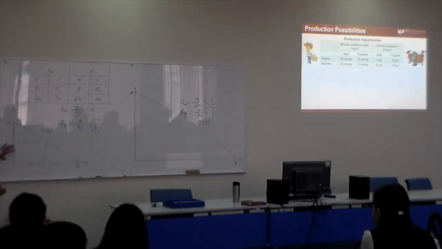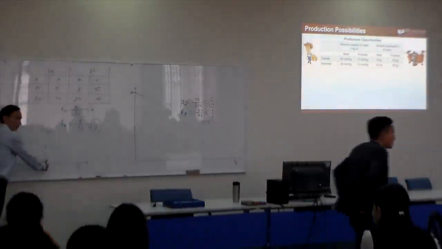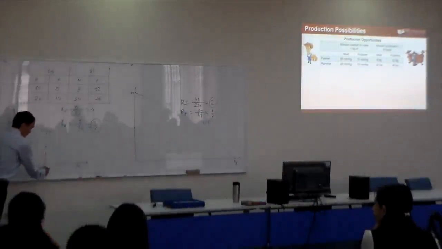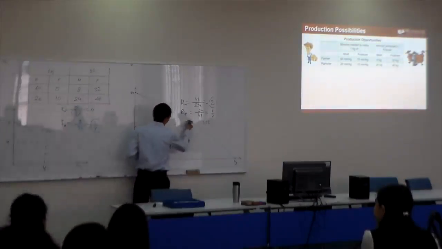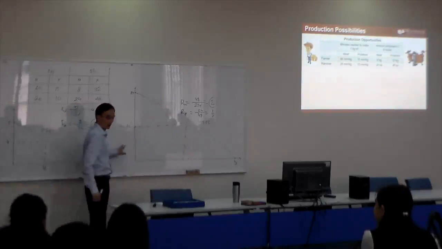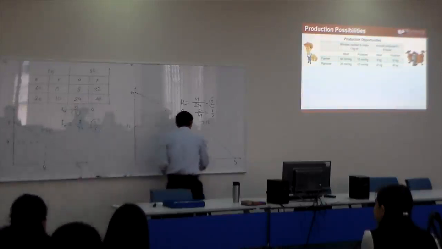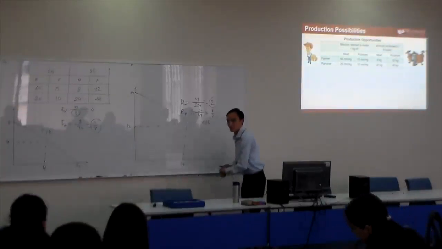The farmer spends 4 hours on the production of meat, so he's able to produce 4 kilograms, and 4 hours on the production of potatoes, which means 16. On the other hand, the rancher, if he spends 4 hours, is able to produce 12 kilograms of meat and 24 kilograms of potatoes.